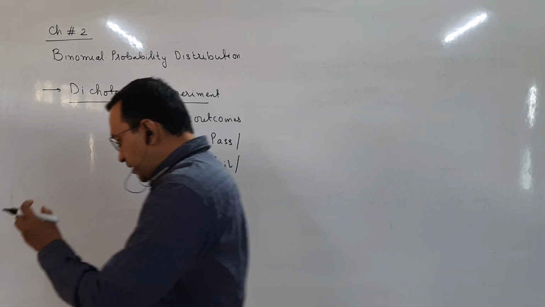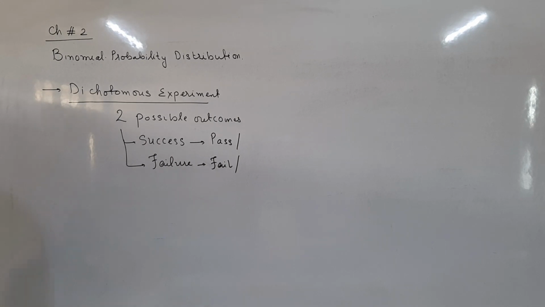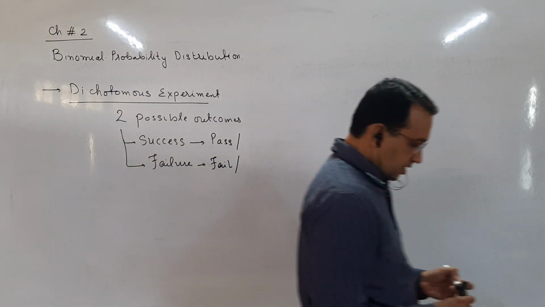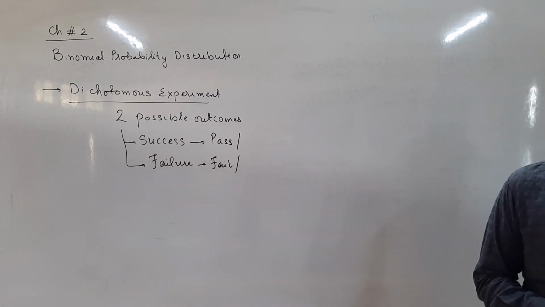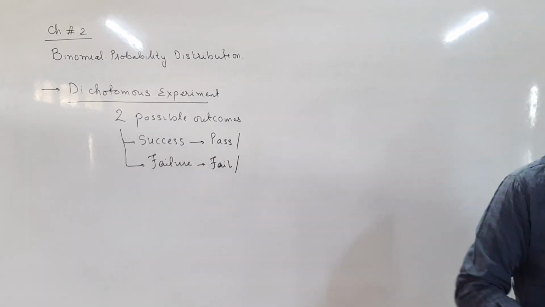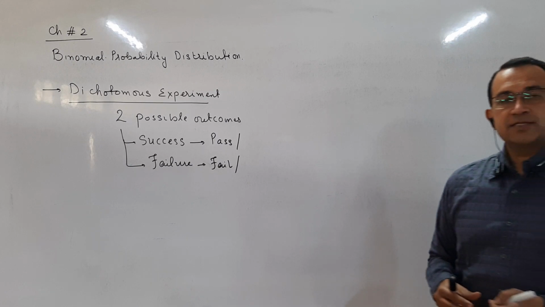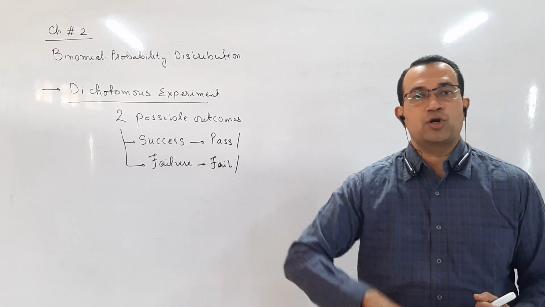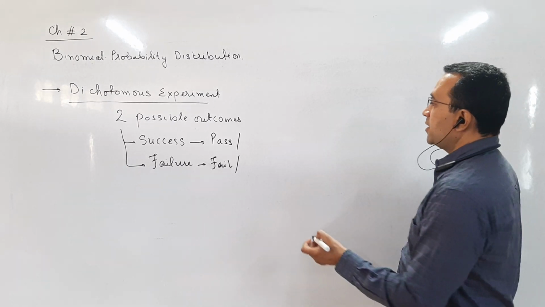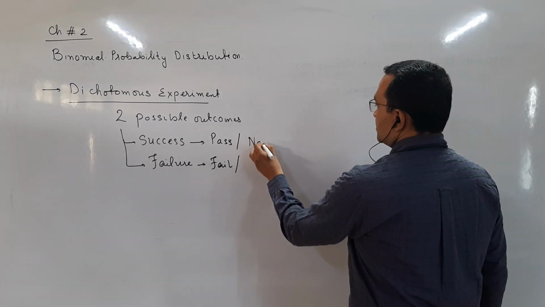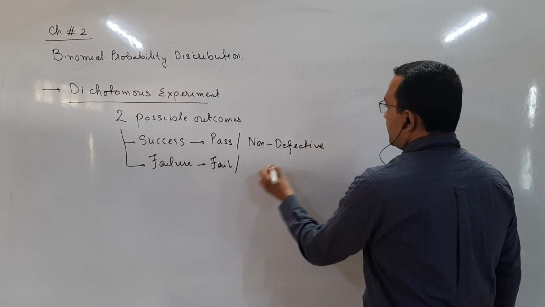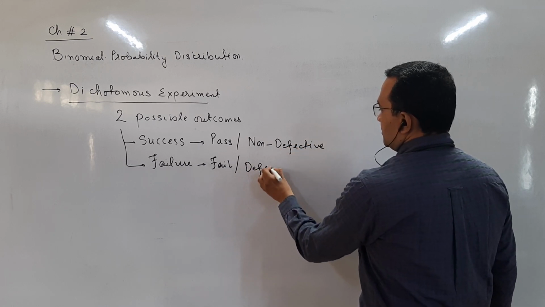Then, the type of a screw manufactured by a machine in a factory. Say from a box of screws, I select one and I check whether the screw manufactured is defective or non-defective. Non-defective is success and defective is failure.